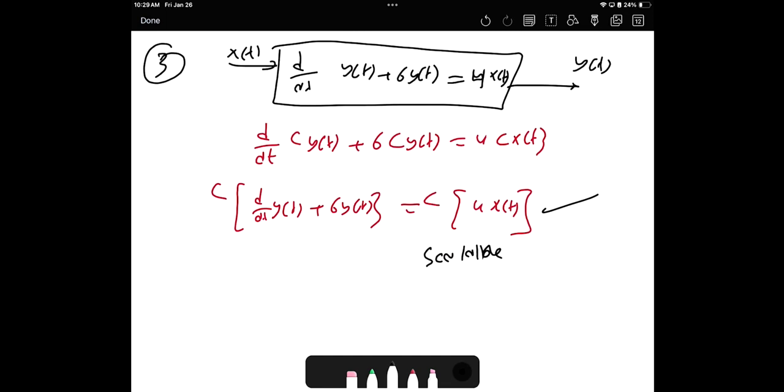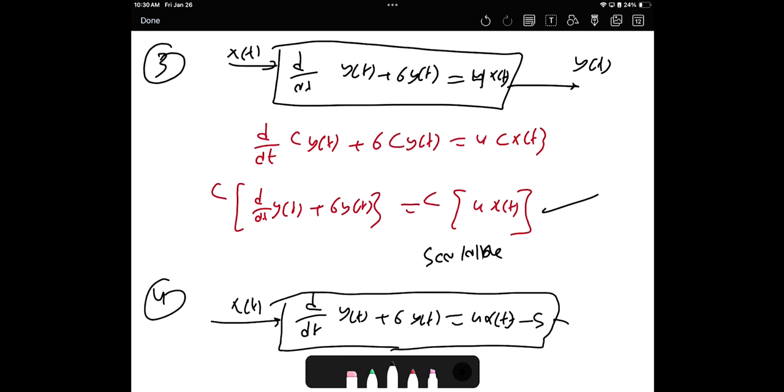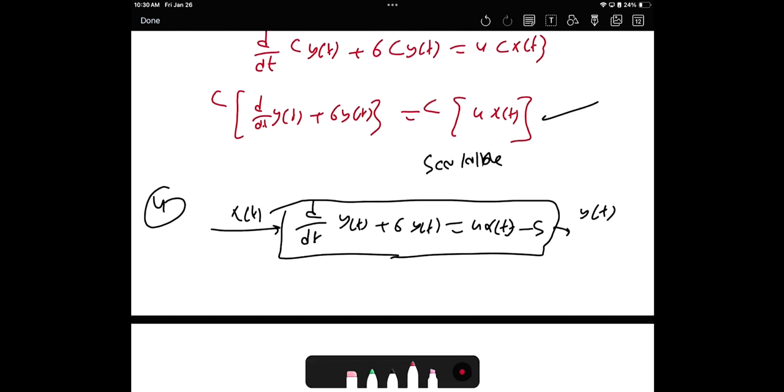Number 4, another differential equation. x of t, d by dt, y of t, plus 6 y of t equals to 4x of t minus 5. It is y of t. Let's check, replace every x by cx of t, every y by cy of t.